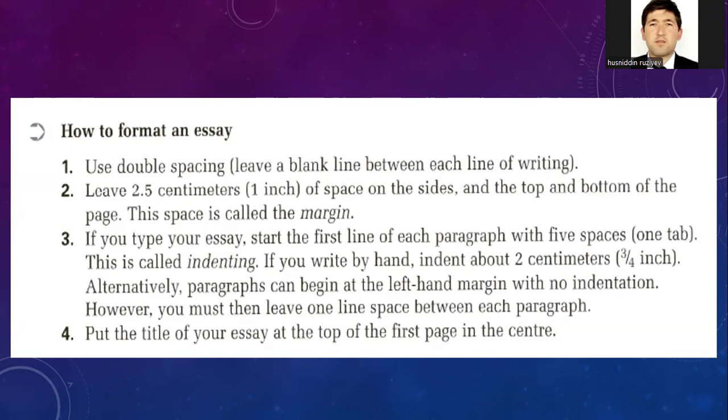If you type your essay, start the first line of each paragraph with 5 spaces, or one tab. This is called indenting. If you write by hand, indent about 2 centimeters. Alternatively, paragraphs can begin at the left-hand margin with no indentation.